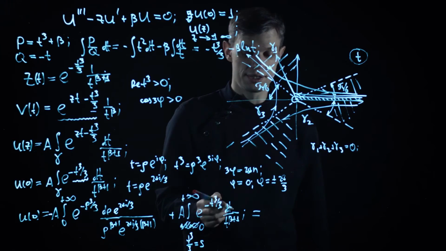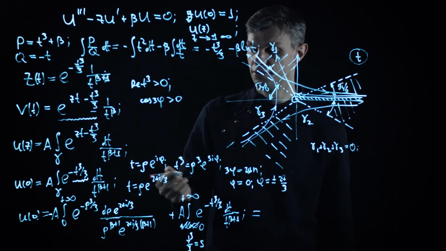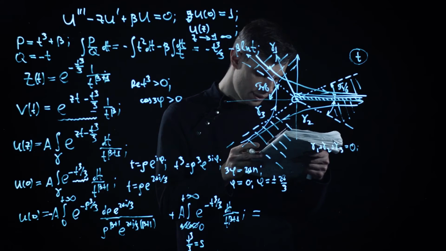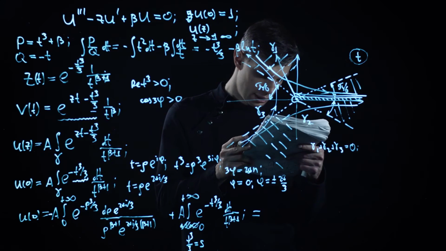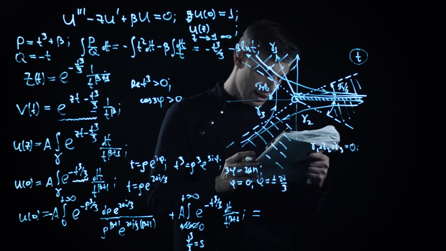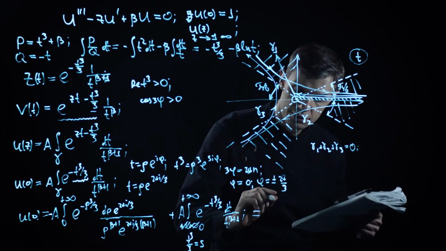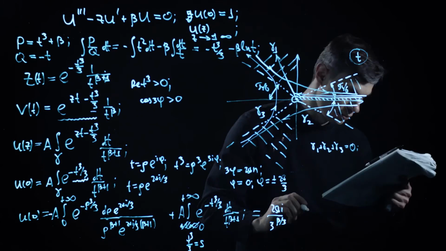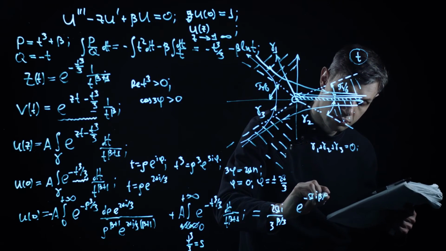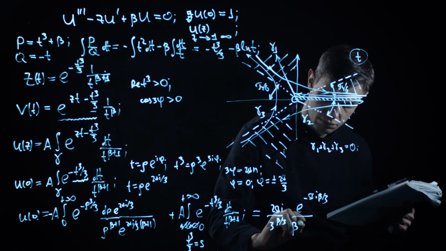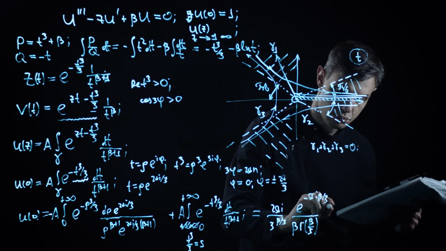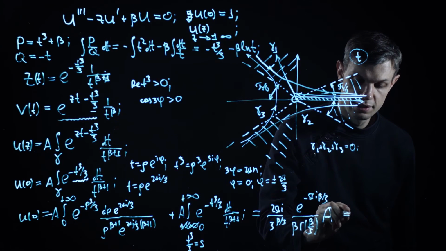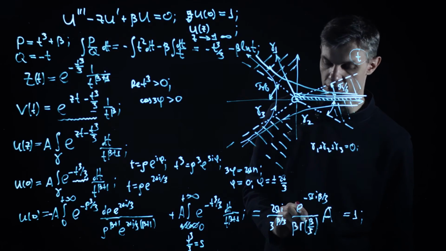With your permission, I'll just give you the answer for this integral. And the answer is as follows: it's 2 pi i, and we normalize the integral by the following condition.